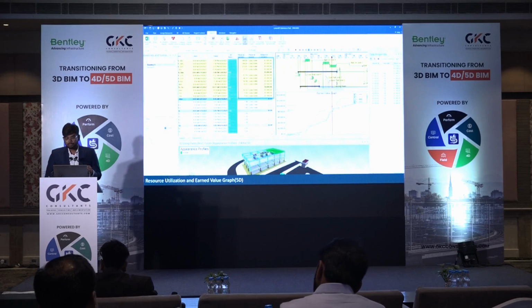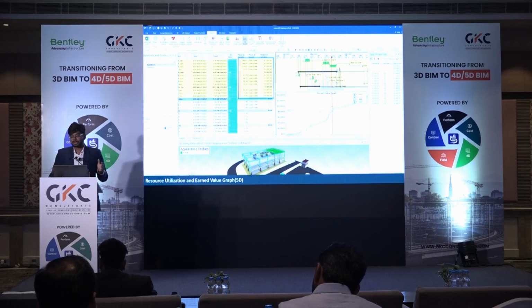Now if you start putting in your actual dates, or bringing in your actual information, you start getting the earned value curve. And here you not only see the curve in the form of just a graph, you can question why there was a delay.